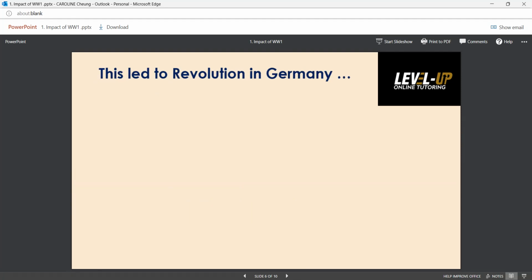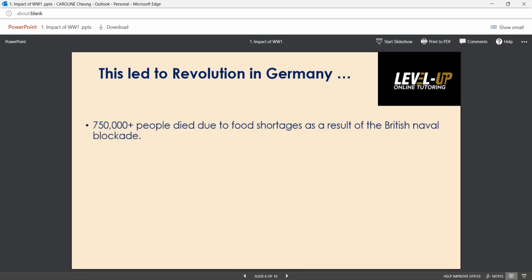So this leads, not surprisingly, to revolution in Germany. The German people have had enough. They've had enough with how the country's being run. We think over 750,000 people died due to those food shortages. That's a huge amount.